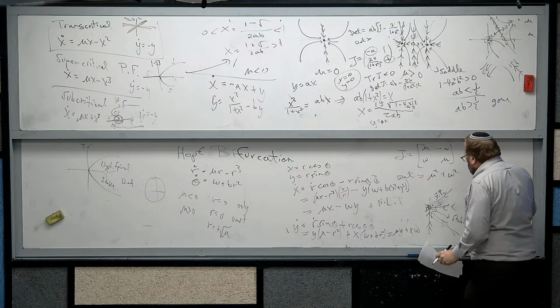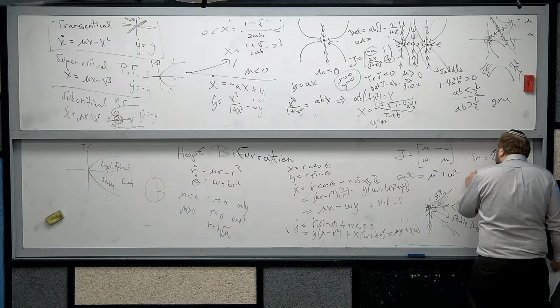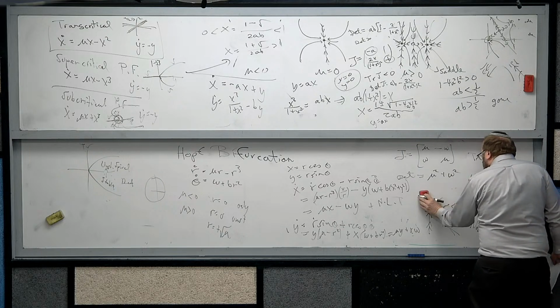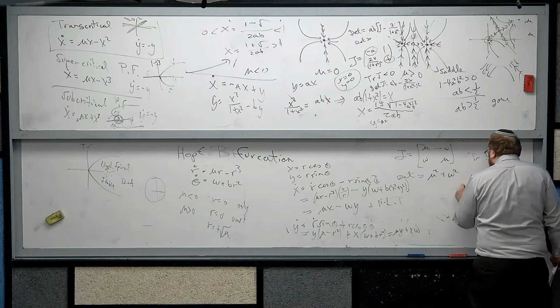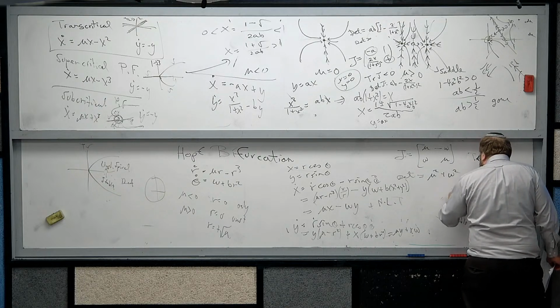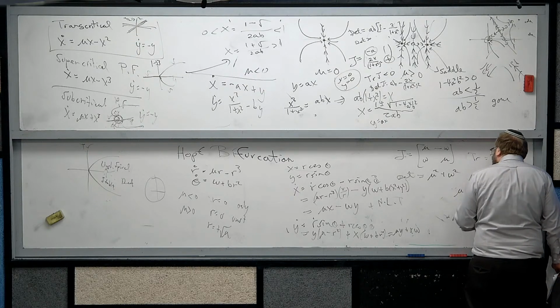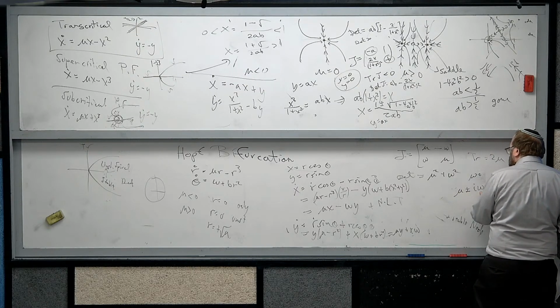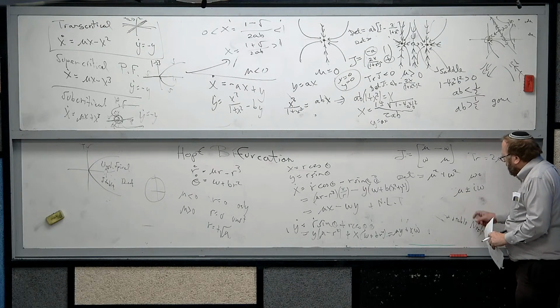So the two eigenvalues are in fact mu plus and minus i omega. That gives us a trace of 2 mu and a determinant of mu squared plus omega squared.